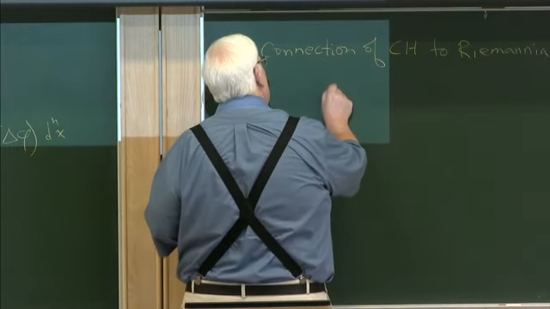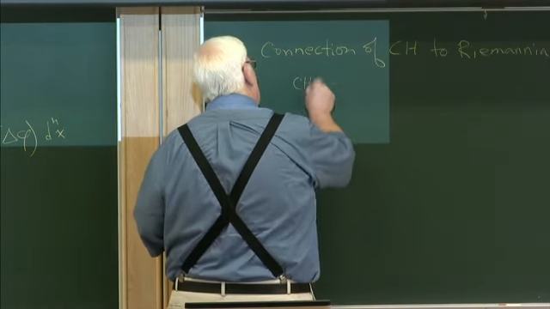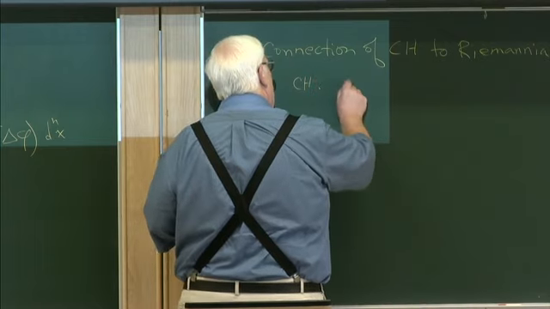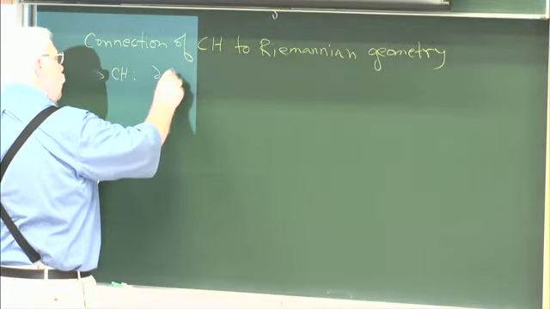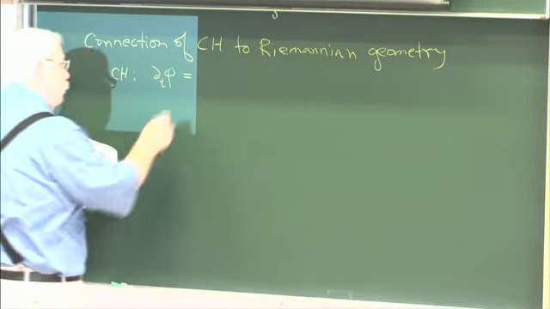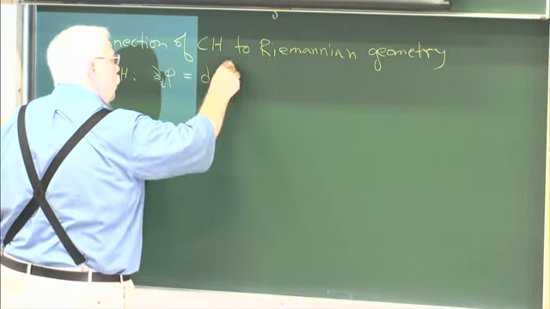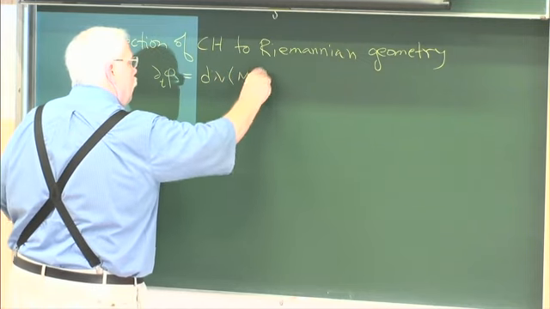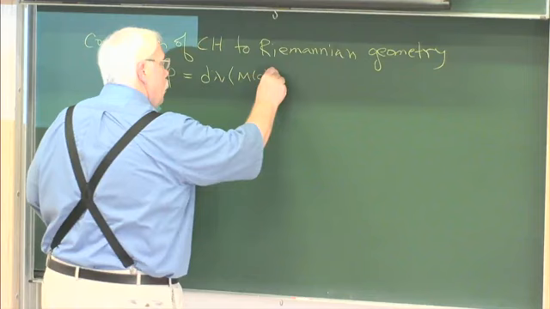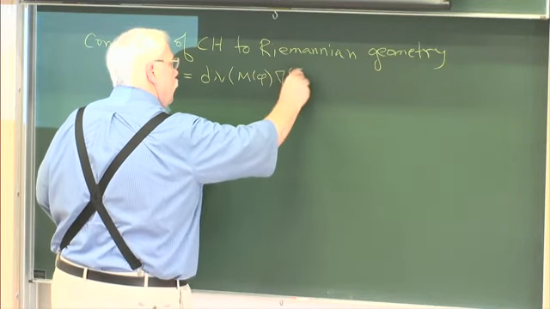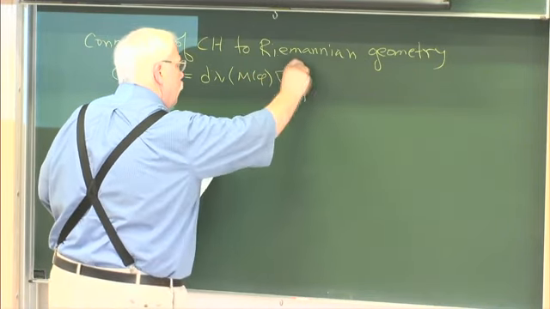You write Cahn-Hilliard as d by dt of phi is equal to the divergence of m of phi grad delta F delta phi.